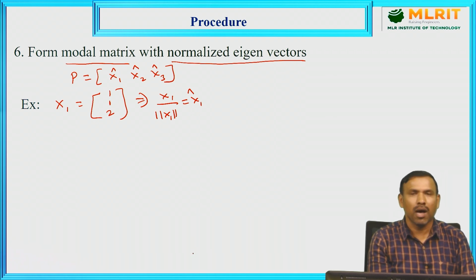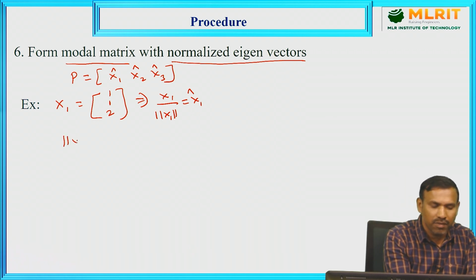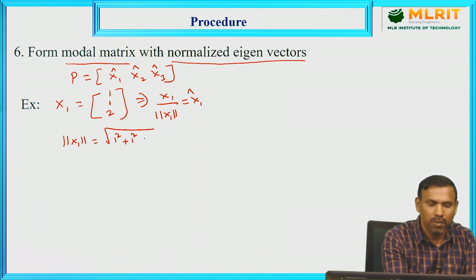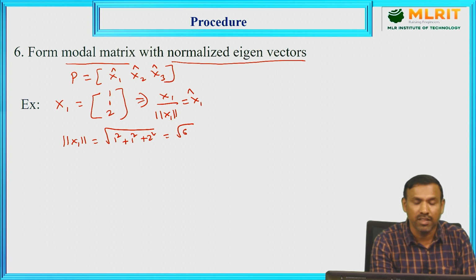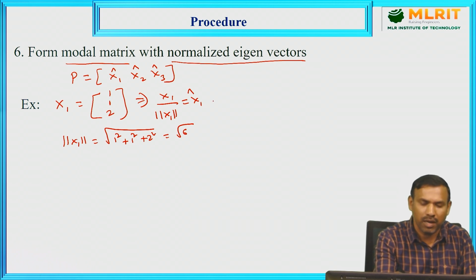What do you mean by norm? Norm means length of the vector. We know very well how to find the length of the vector. That is under root of 1 square plus 1 square plus 2 square. How much is that value? Root of 1 plus 1, 2, 2 plus 4, 6. Root 6 is the norm of the vector. Then automatically, what is x1 cap?